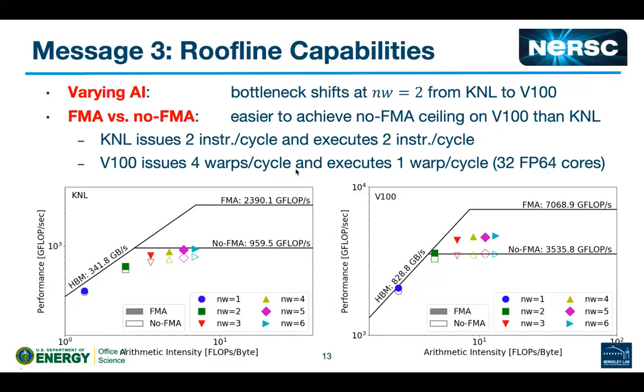So if you have some room between the issue bandwidth and the execution bandwidth, then it's easier for you to achieve the no FMA ceiling. So from Roofline, you can see this subtlety between different architectures. And I guess this is part of the message that Roofline can be very powerful in capturing this.